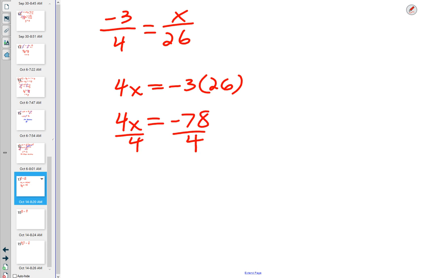And then when I divide by 4, what happens? What happens when I divide by 4? 78 divided by 4. No, you wait. What is 78 divided by 4?